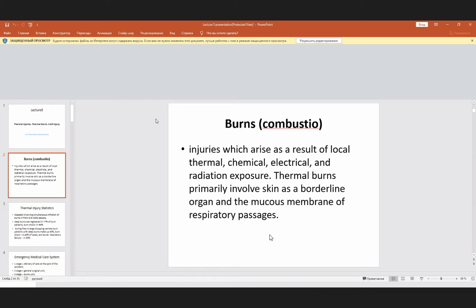Thermal burn primarily involves skin as a borderline organ and the mucous membranes of respiratory passages.